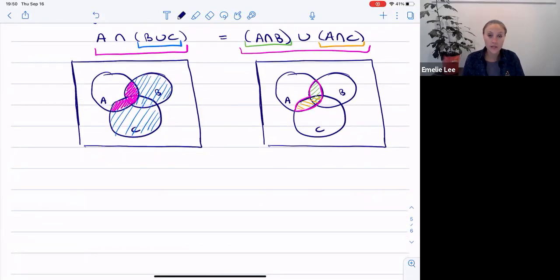Next, we have De Morgan's laws. De Morgan's laws deals with the complement.